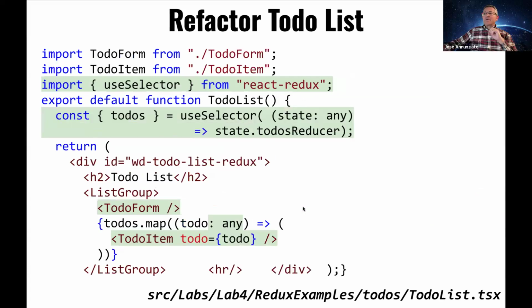And then our to-do list now doesn't have any of the implementation of the functions that add or delete or modify or update a to-do, none of that. All that has migrated to the reducer. We only extract from the state the list of to-dos, which we can then just iterate and pass into the to-do items.